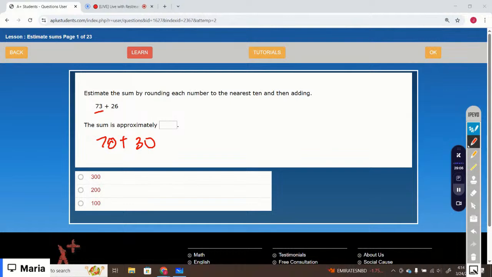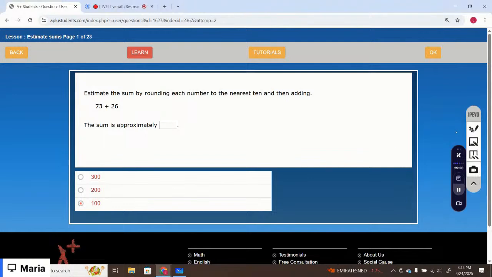So which is the correct option? The correct option is 100. Option number 3 is the correct option. That is 100.